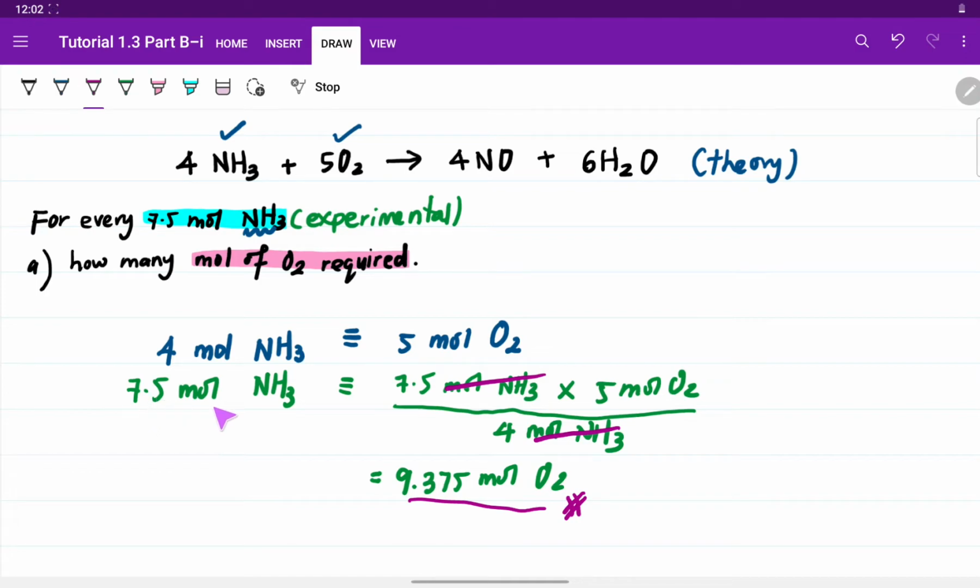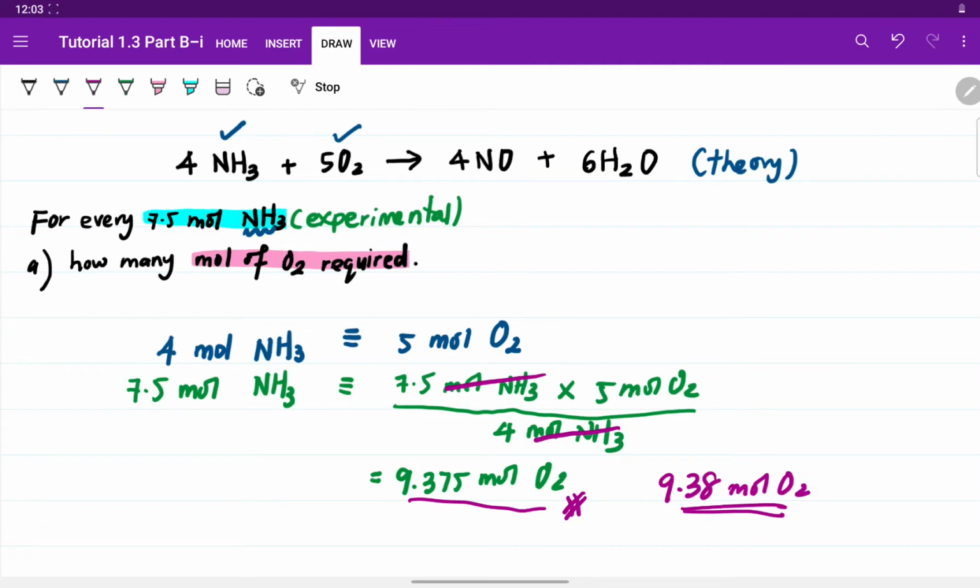So 7.5 mole NH3 will need 9.375 mole of O2. Atau kalau awak tinggalkan dia dalam 2 decimal places, 9.38 mole O2. But please make sure awak label dengan molekul yang betul dekat sini. Mesti ada mole O2. Okay.